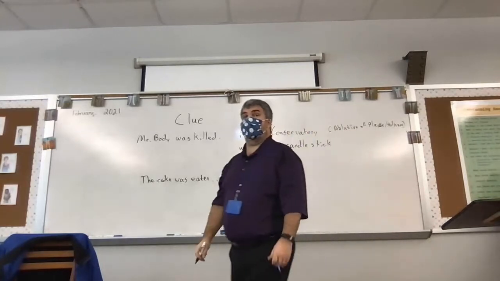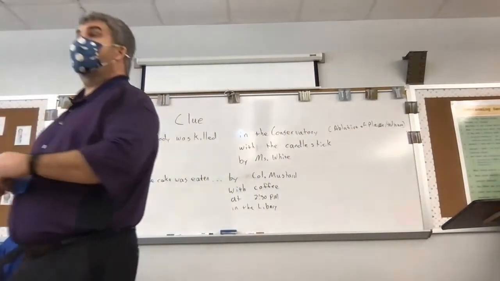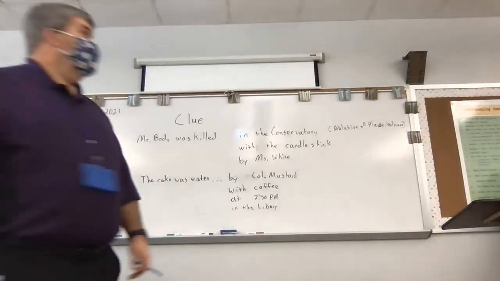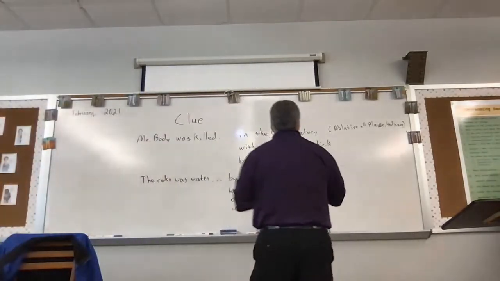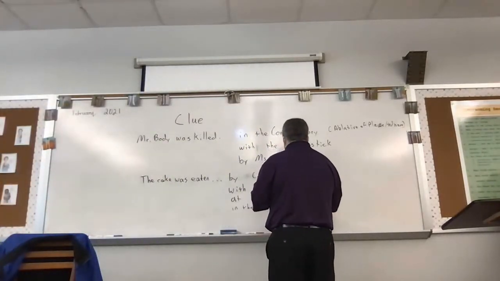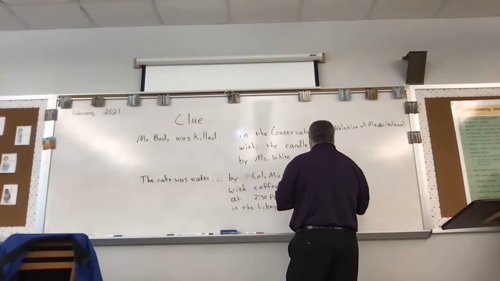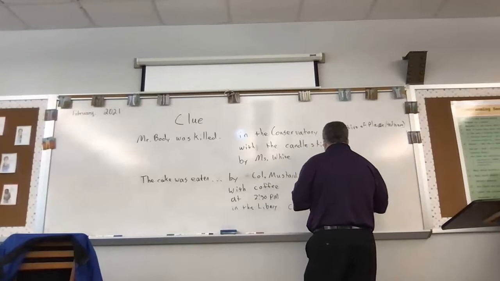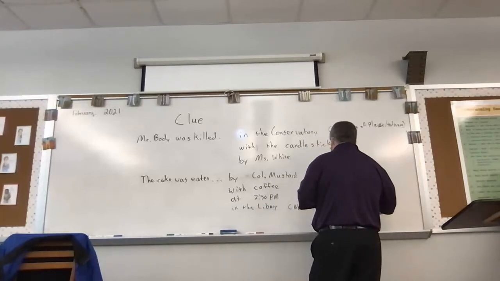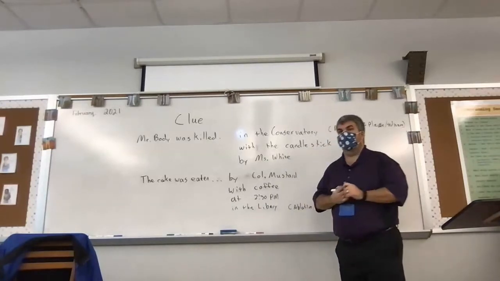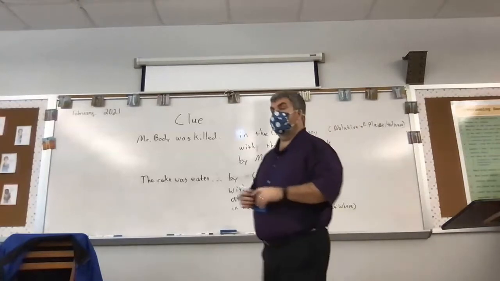So in the conservatory, in the library, is an example of the ablative of place where. We're going to learn some of them this year. Some of them you're not going to learn until much, much later on. And I'll explain why in just a bit.